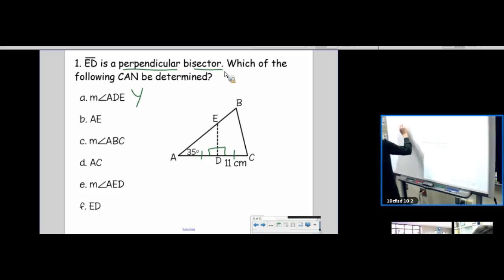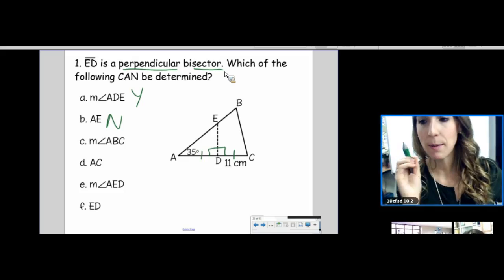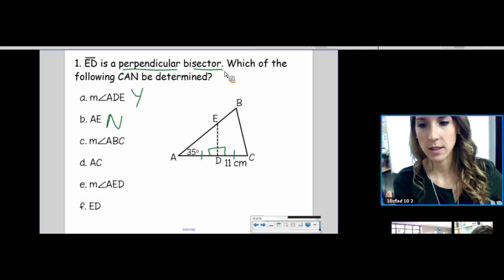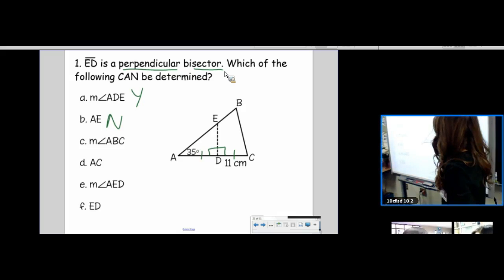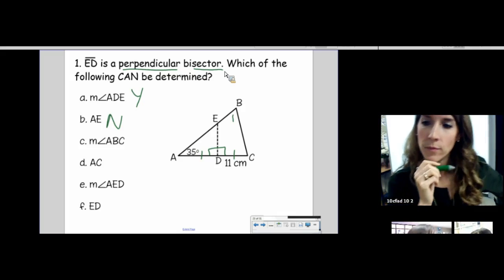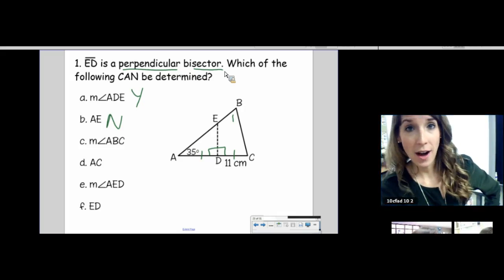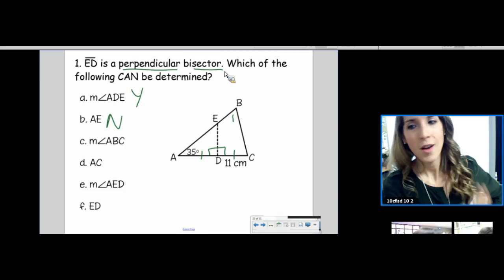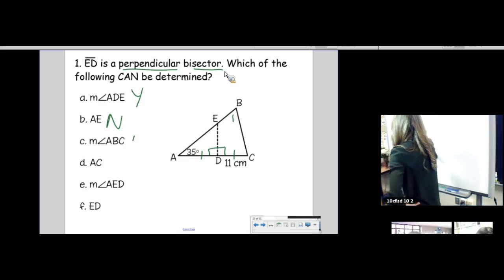We could not determine the distance from A to E because a perpendicular bisector is bisecting AC, nothing else. The measure of ABC, could we find that out, this angle right here? Do we have enough information? To find the missing angle of a triangle, you need 2 out of the 3 angles. We don't know C, and we don't know B. So no, we can't determine.